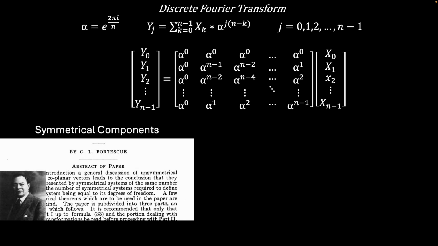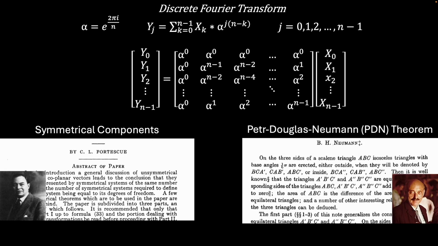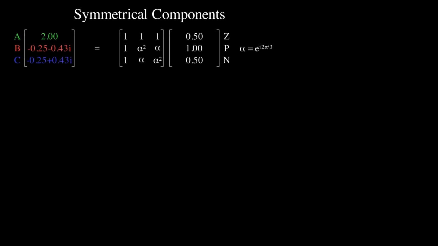I will show the symmetrical components perspective which I was originally trained on, and which provides a good algebraic view, and the one described by Neumann, which would come to be known as the Peter Douglas-Neumann or PDN theorem, which uses more geometric methods. For the first example, I'll use three input points of complex numbers z, p, and n, which I will refer to as components. The naming of these components will be explained in a minute.